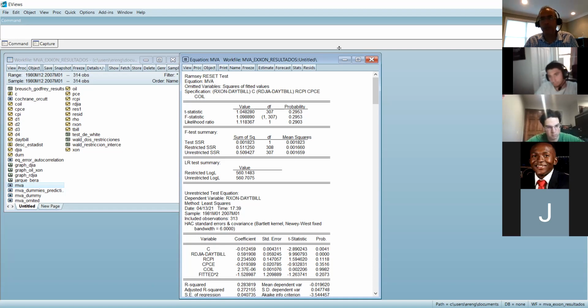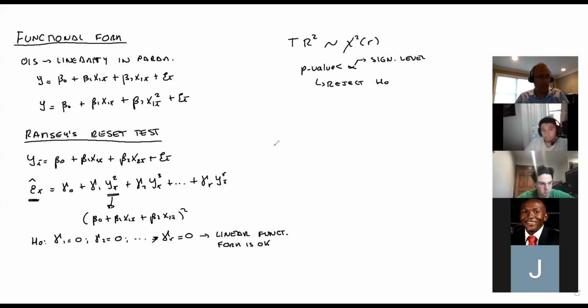Okay. So let me go back to my screen here. And I realized that I forgot something here. This is my fitted values, okay? Y hat are my fitted values.